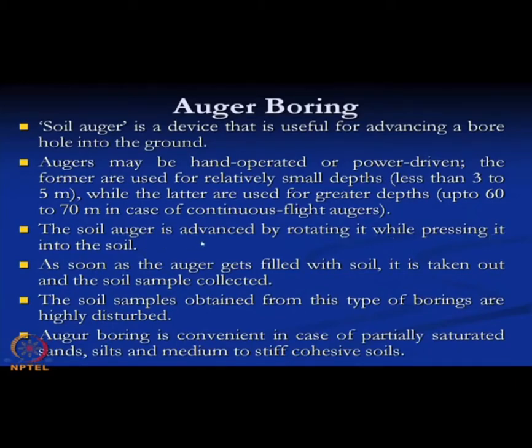As soon as the soil auger gets filled with soil, it is taken out and the soil sample is collected. The soil samples obtained from this type of boring are highly disturbed samples. The auger boring is convenient in the case of partially saturated sand, silt, and medium to stiff cohesive soils.